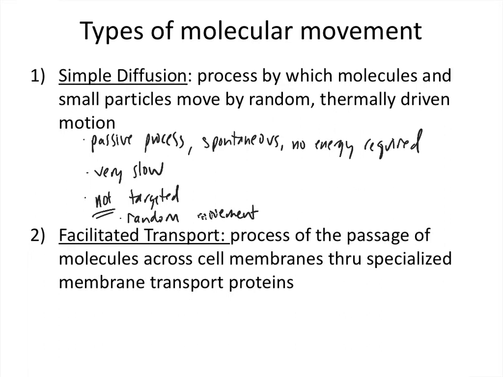The second type of molecular movement here is the facilitated transport process, and this is when molecules pass across cell membranes through specialized membrane transport proteins. This is very specific as far as which molecules can move, and it is much faster.